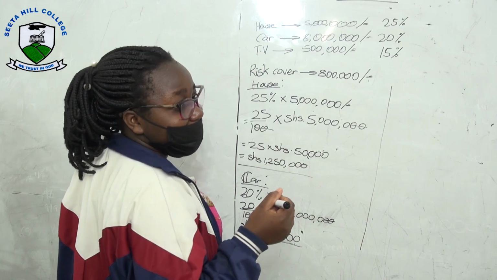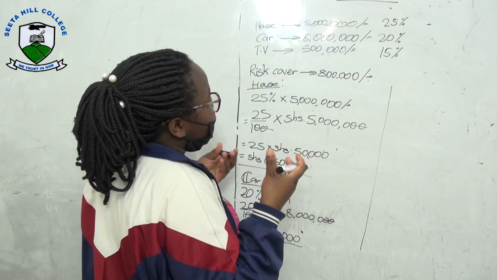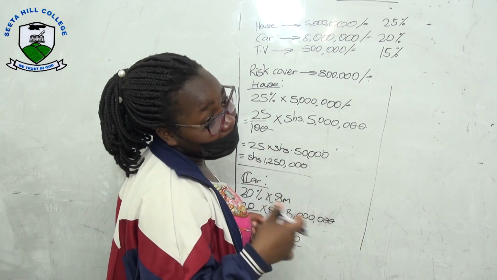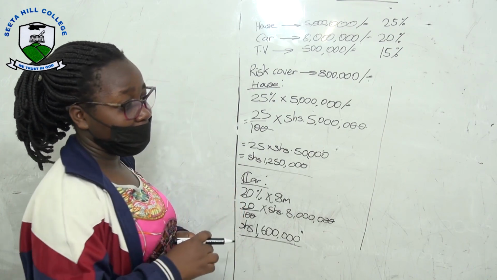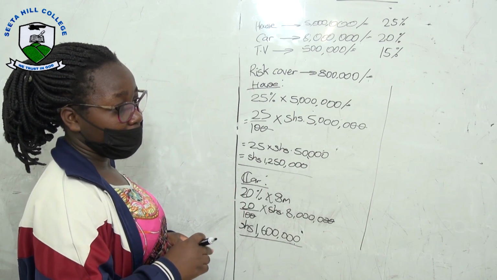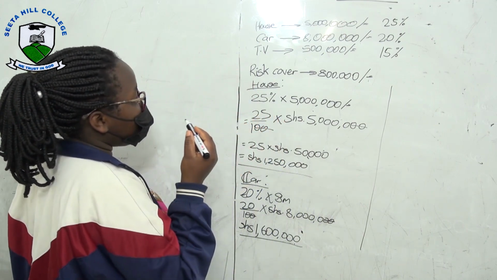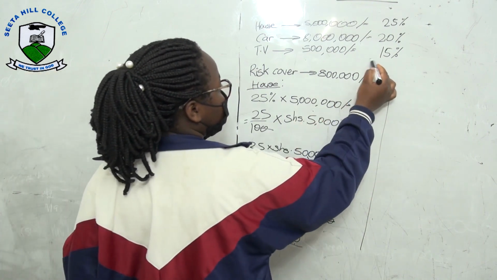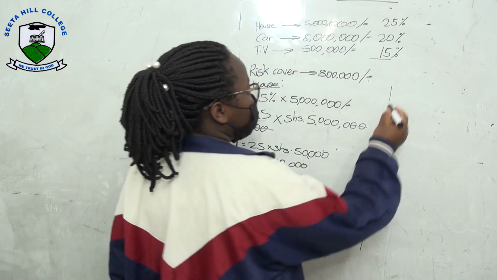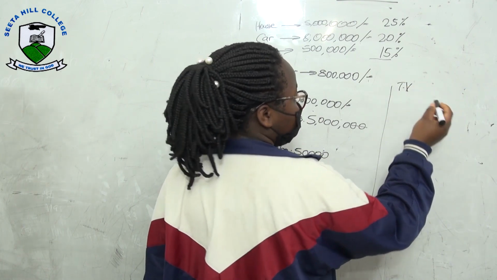Okay, fine. I'm not very sure and also the risk cover is part of the other assets. So is it? Yes, it is, because it is these things of the office. So we shall have to find the amount of money for this 15%. So it will be that amount for the TV and then for the risk cover.